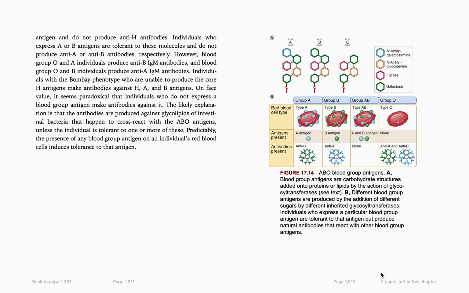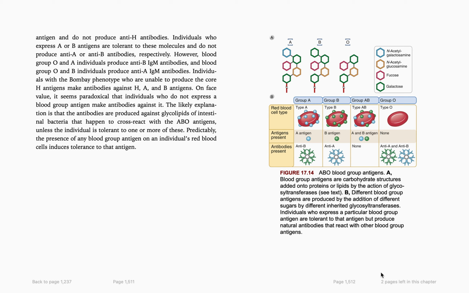Individuals with the Bombay phenotype who are unable to produce the core H antigen make antibody against H, A, and B antigens. On face value, it seems paradoxical that individuals who do not express a blood group antigen make antibody against it.